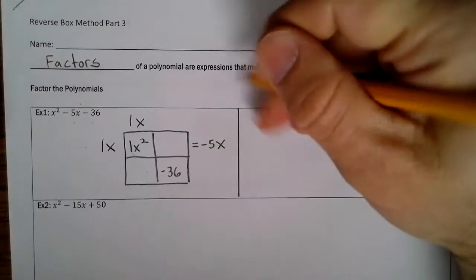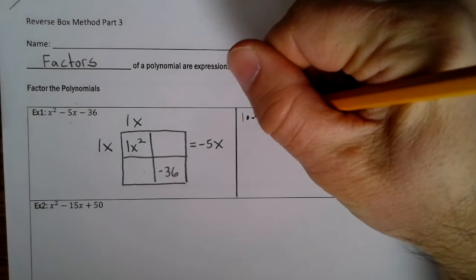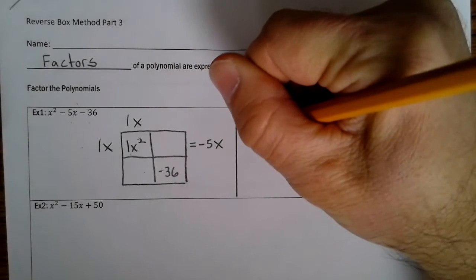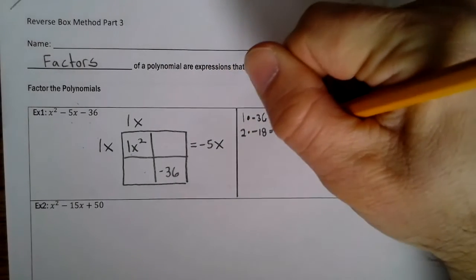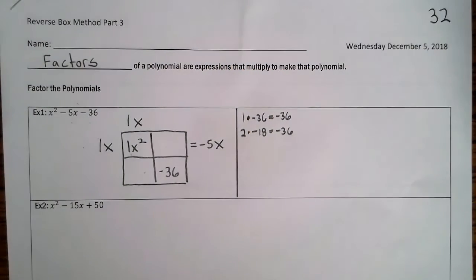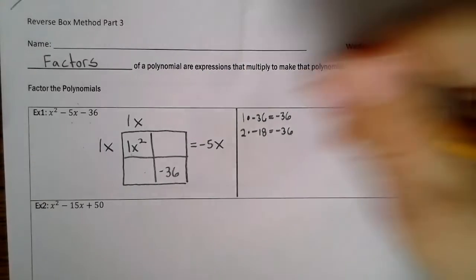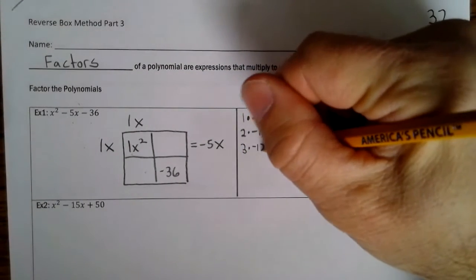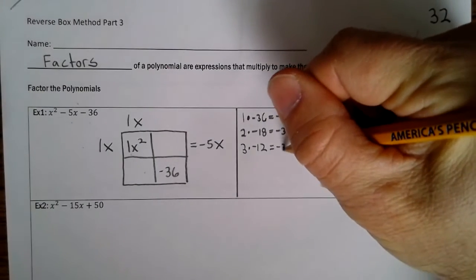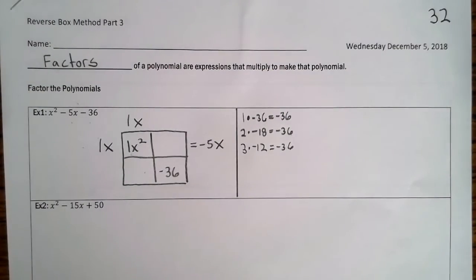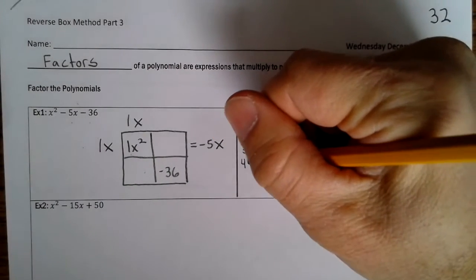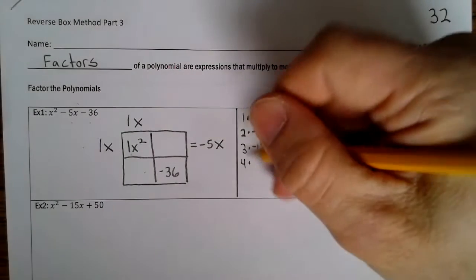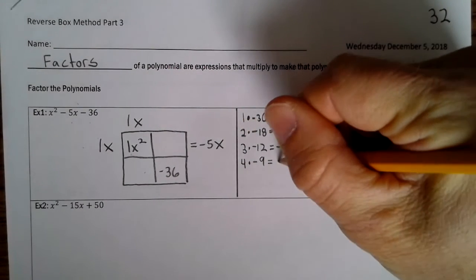Well, 1 times negative 36 is negative 36. 2 times negative 18 is negative 36. 3 times negative 12 is negative 36. 4 times, I believe, negative 9 is negative 36.